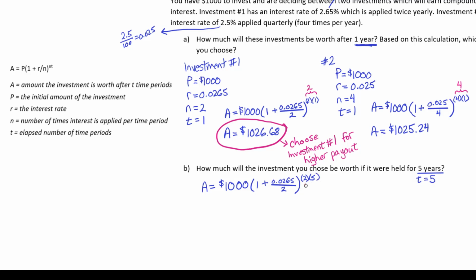So that exponent is going to multiply out to 10. So you're raising what is inside the parentheses to the 10th power. And after 5 years, what you'll have in this investment account is $1,140.69.